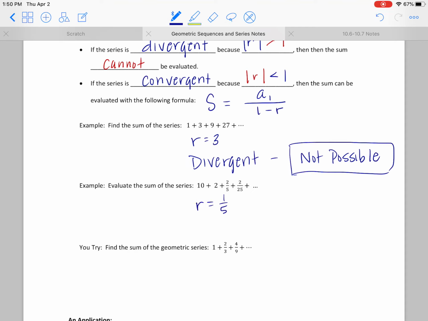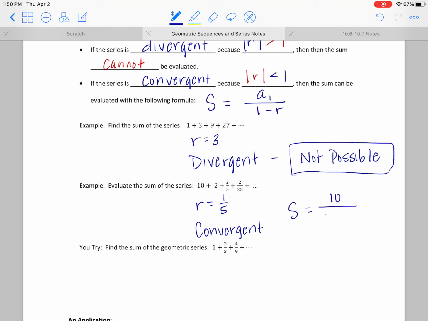Okay, now if we look at the next one, 10 to 2, 2 to 2/5, 2/5 to 2 25ths, we are dividing by 5. That means our common ratio is 1/5. So the fraction, as we move down this list, gets smaller and smaller and smaller. That means that this is convergent, that this sum is going to converge to some number.